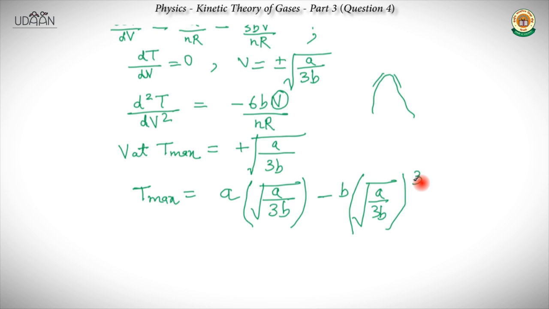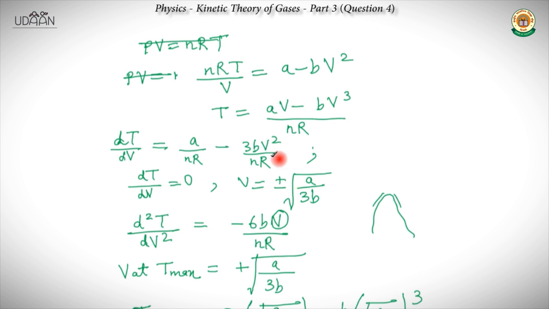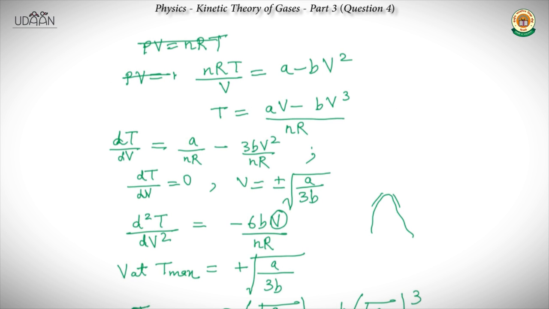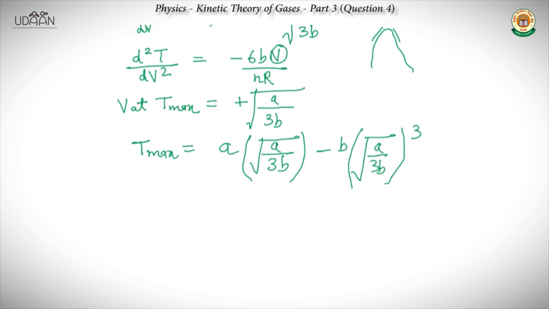This should be AV minus 3BV cube? No, this will be actually BV cube, because this was the first differential, dT by dV, in which we got 3. The T function was directly B into V cube. So guys, you have to take care of the silly mistakes you might tend to make sometimes. Yes, exactly. And this whole we have to divide by nR.